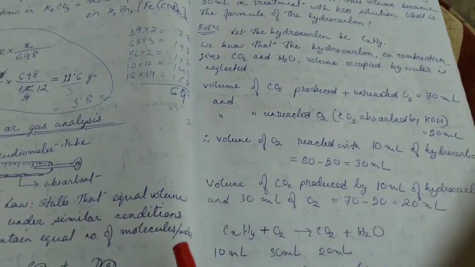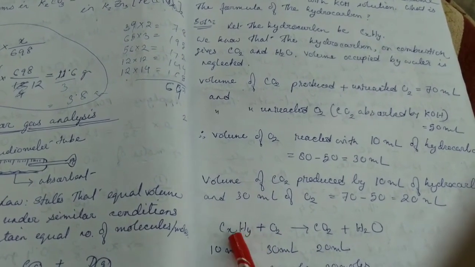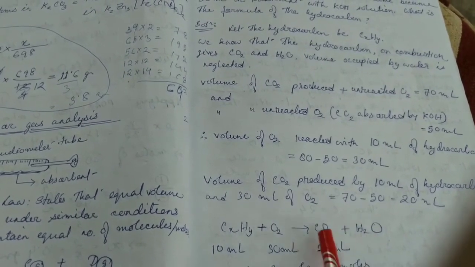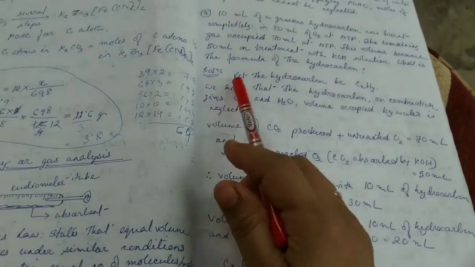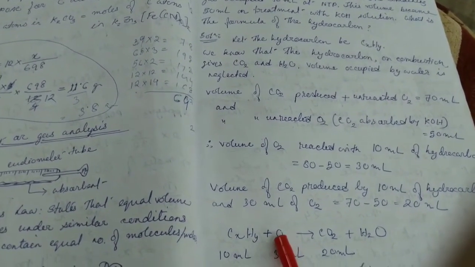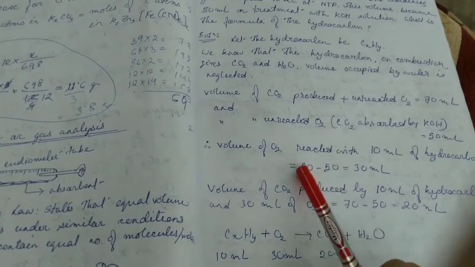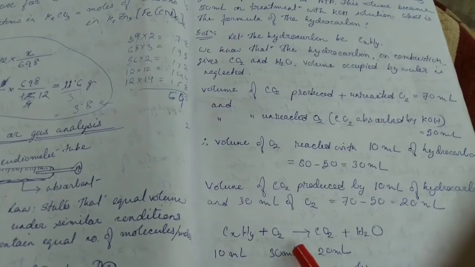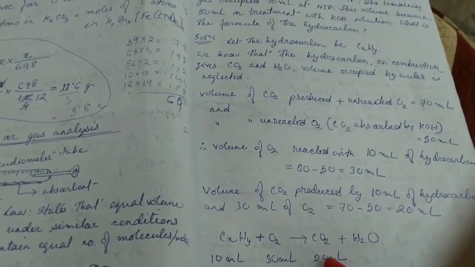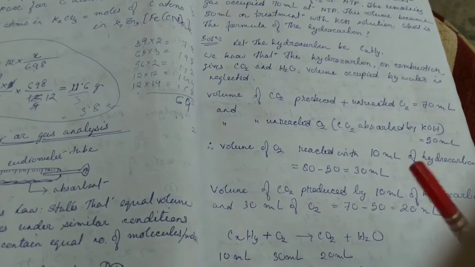Okay. So finally we can make the equation then. CxHy plus oxygen gives CO2 plus water. CxHy, it is told, is 10 ml. The oxygen which has reacted, we have calculated, is 30 ml, and the CO2 produced is equal to 20 ml. Right?